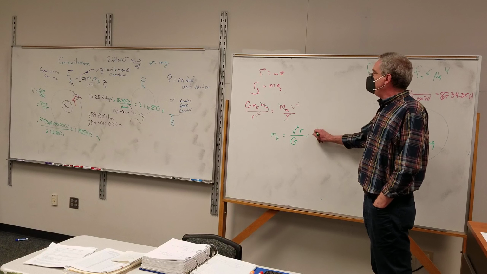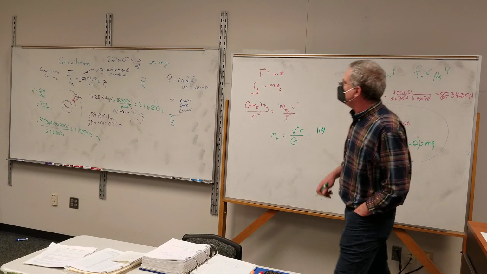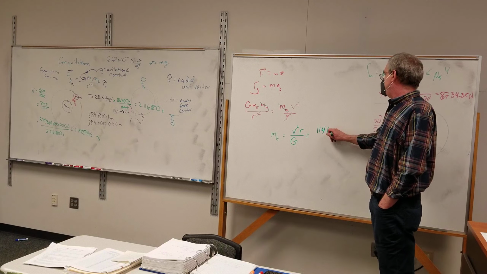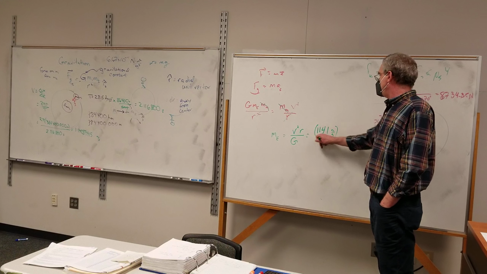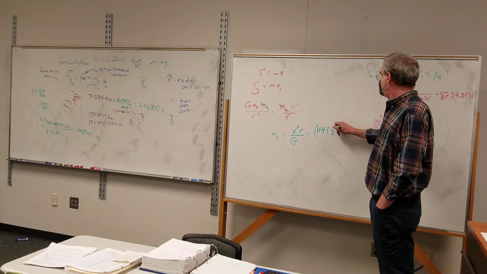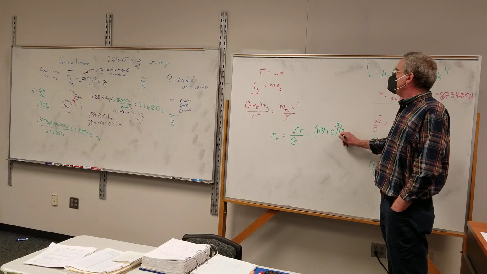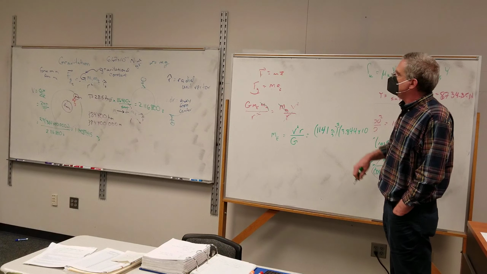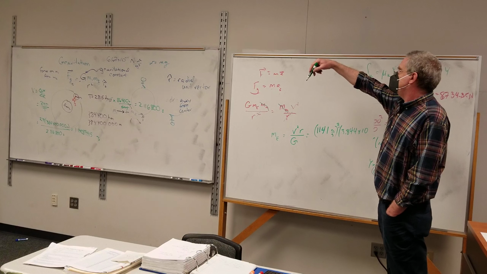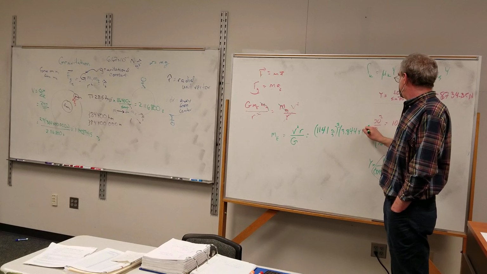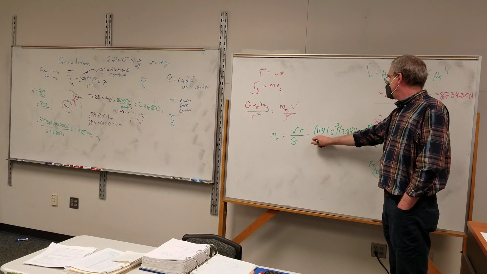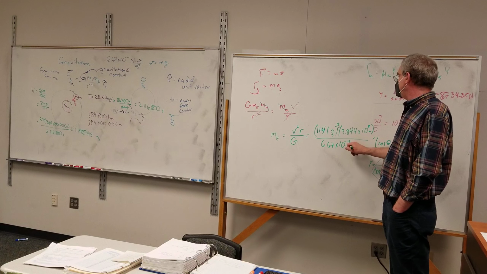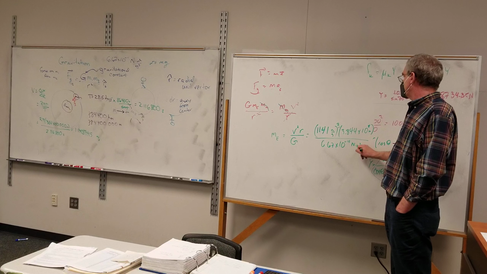So we now have 1,141 meters per second squared times 3.844 times 10 to the 8 meters divided by 6.67 times 10 to the negative 11 meters squared per kilogram squared.